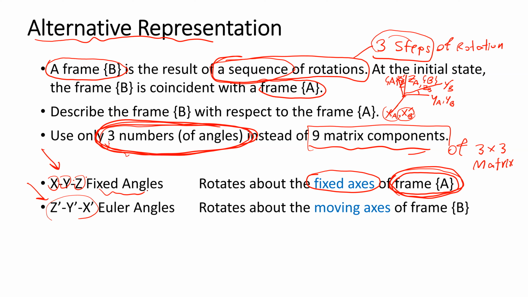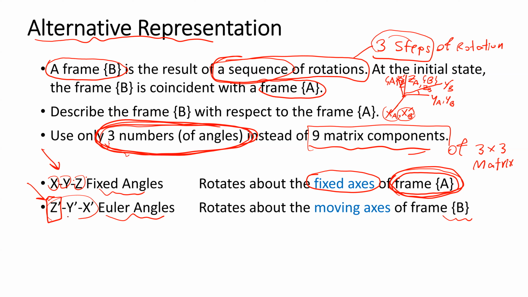The second alternative we call Euler angle. Euler angle is a little more complicated. We rotate the B coordinate about the A coordinate. We firstly rotate about the Z axis of the B frame. And then the B frame is already transformed from the original orientation.